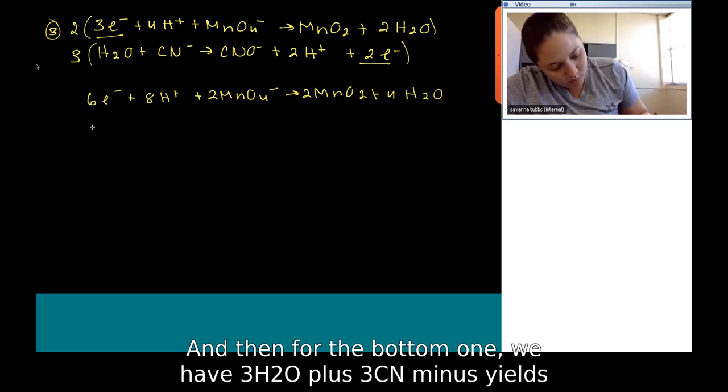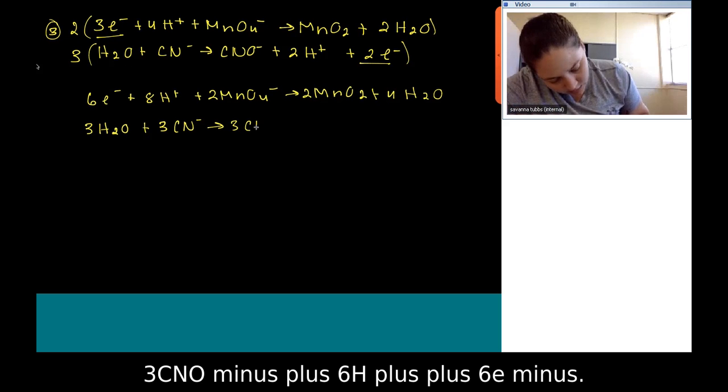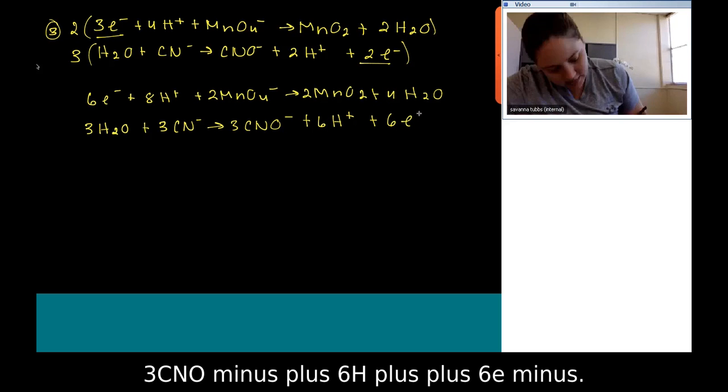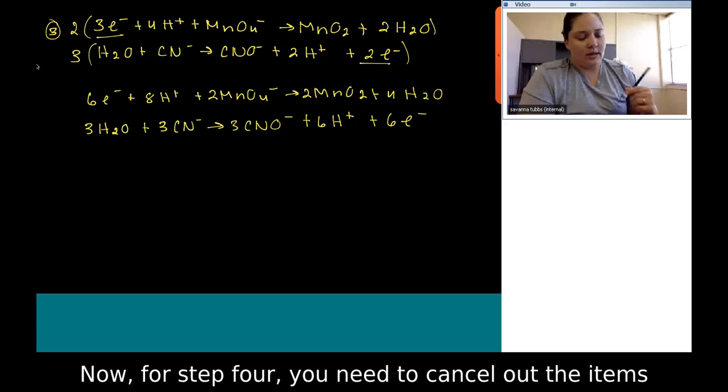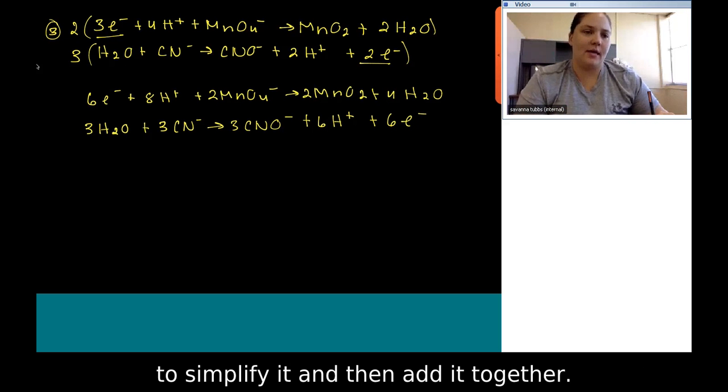And then for the bottom one, we have 3H2O plus 3CN minus yields 3CNO minus plus 6H plus plus 6e minus.